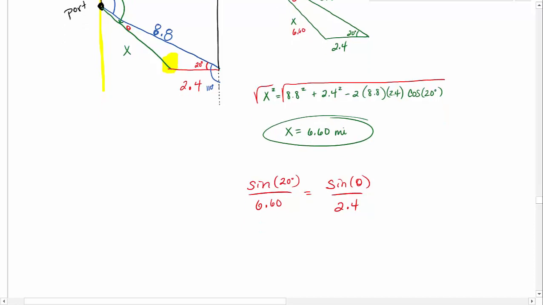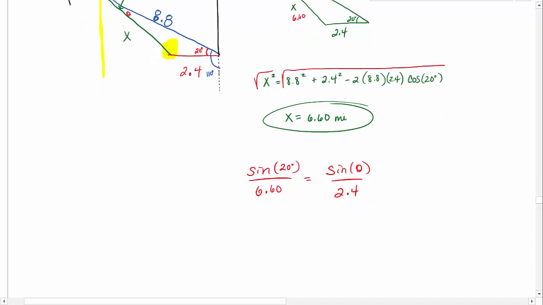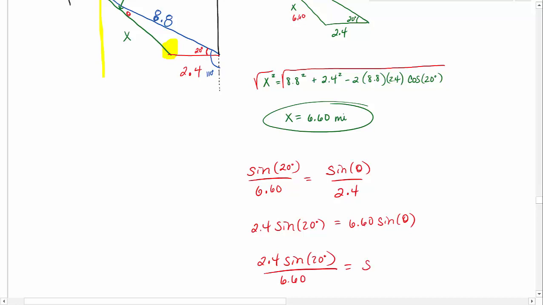We will cross multiply: 2.4 sine of 20 equals 6.60 sine of theta. Now we'll divide by 6.60, so 2.4 sine of 20 divided by 6.60 gives us sine of theta.